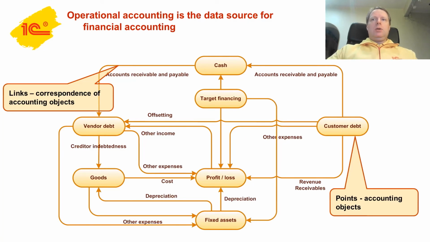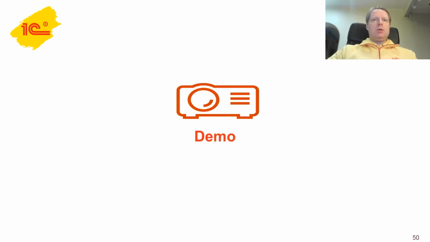They store all data in the tables, so operational accounting is a suitable source for ledger postings. We have to set ledger accounts for all objects by default, and then the ledger entries can be placed into financial accounting automatically with such settings.